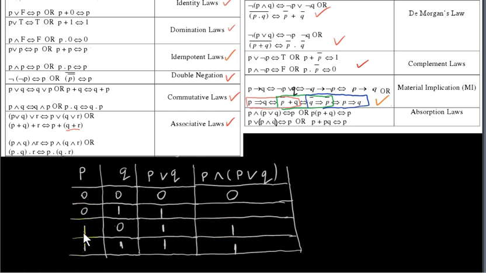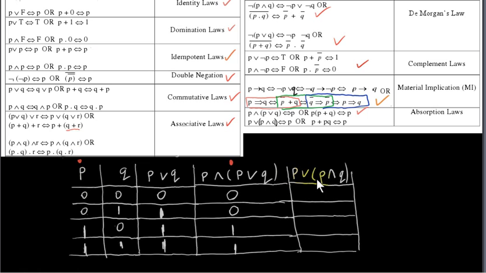So it's true for these last two rows, and it's false here because we have a 0 here for P and a 1 here. Both have to be 1s for it to be true. So we can see that this column is equivalent to P.